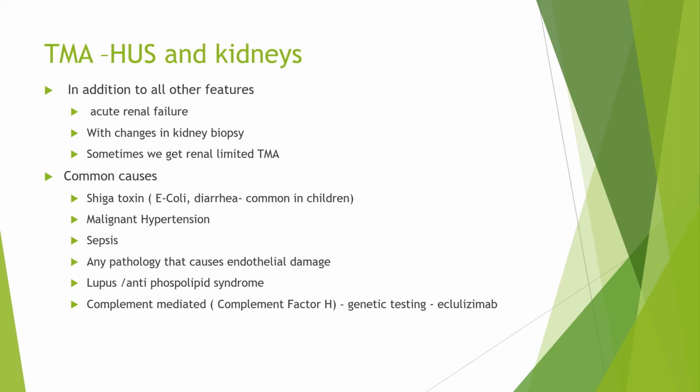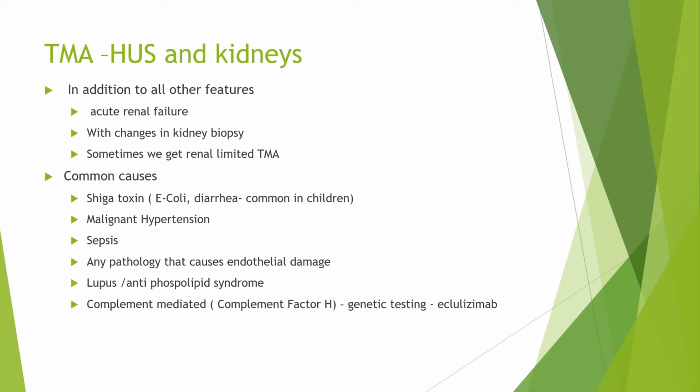Irrespective of what caused the TMA, the biopsy will look the same. We'll have clinical evidence of acute renal failure with rising creatinine and urea, and sometimes it is so accelerated that you would get acute renal failure and anuric renal failure.